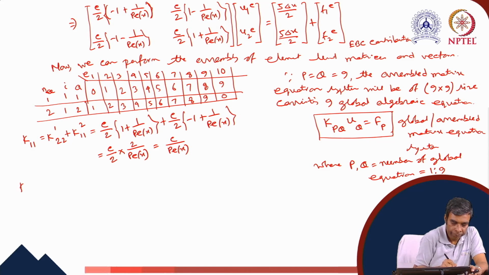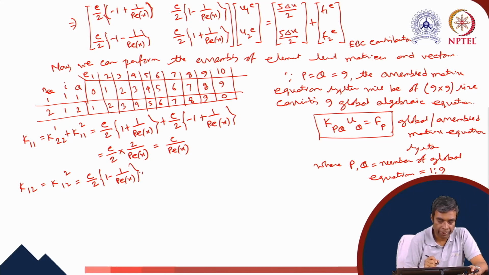Then we have K12, which equals K122. K122 is C by 2 into 1 minus 1 by PEX. Now K13, K14 up to K19, all of them will be 0, because 13, 14, 15, etc. do not belong to the same elements.